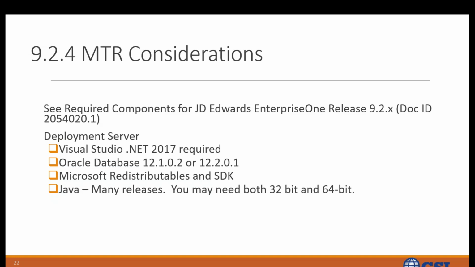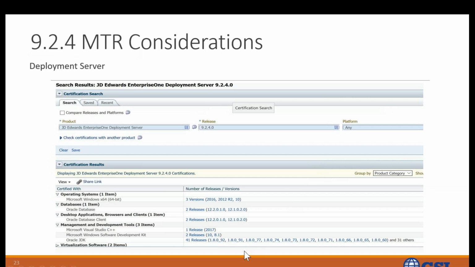I'll show you the next page on the deployment server MTR, and you'll notice down there that for Oracle JDK there are 41 releases, and you notice this 1.8.0.92, that's really a rather old JDK. So you're going to have to spend some time grabbing yourself a 32-bit JDK and a 64-bit JDK. You'll also notice that 2012 R2 is still a supported database.